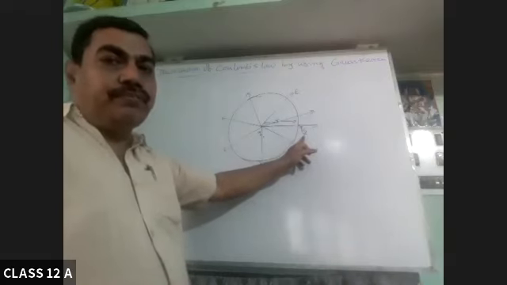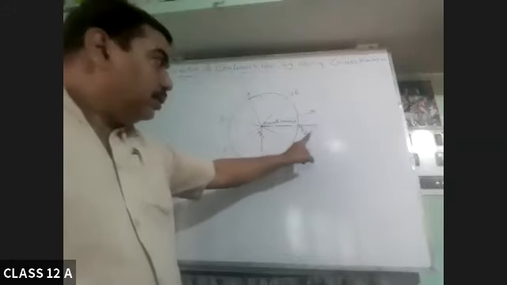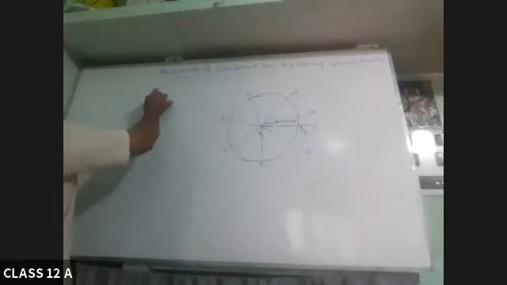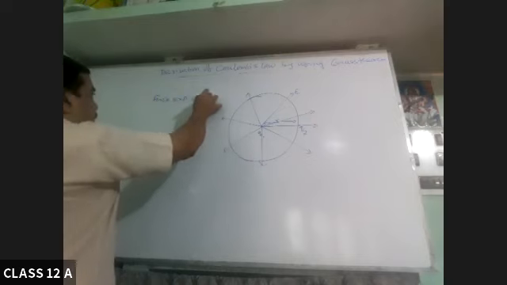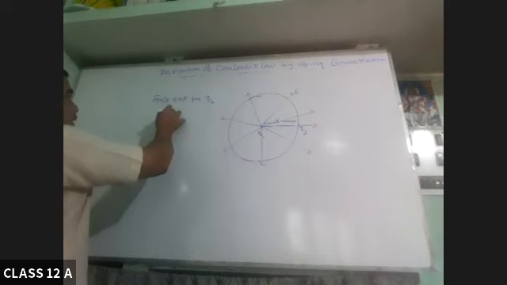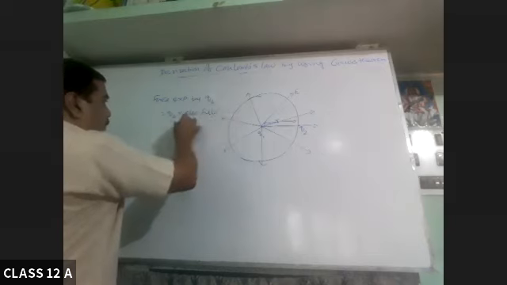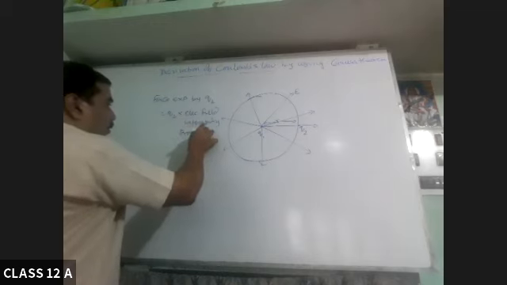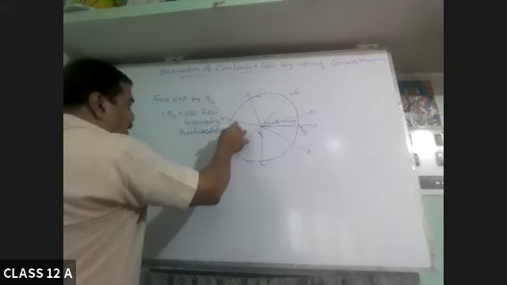So how much force will be experienced by this Q2? How will you find it? What is the electric field intensity produced due to Q1, times Q2? So the force experienced by Q2 will be Q2 into the electric field intensity produced by Q1.